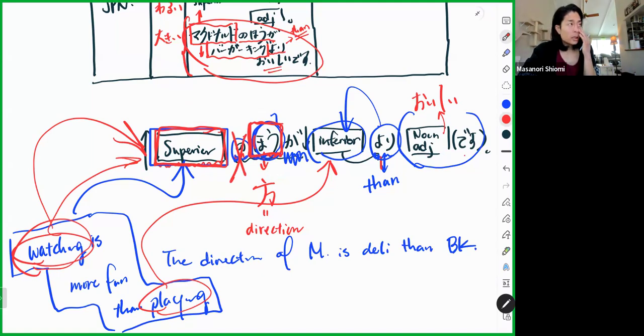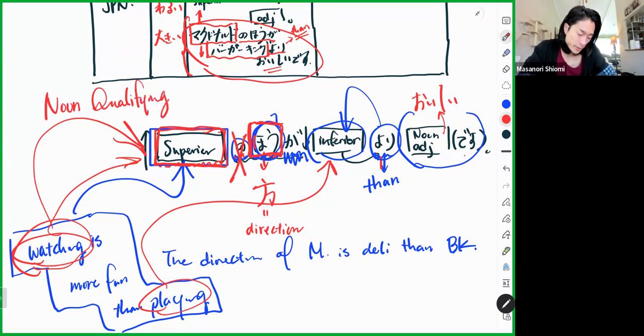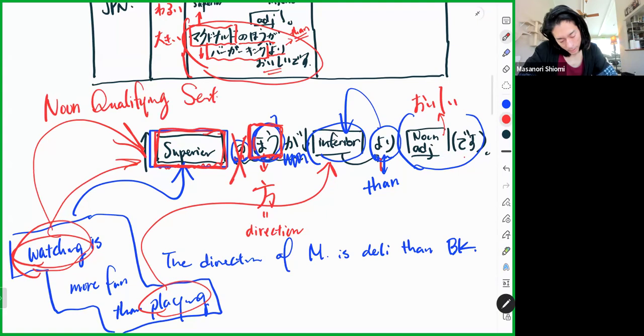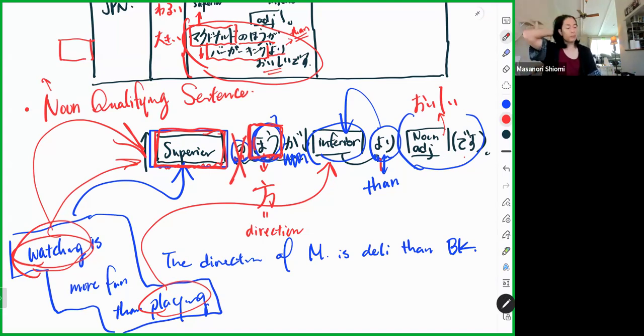We learned in the last chapter noun qualifying sentences, which is a really important grammar point. It doesn't hurt to always review. Noun qualifying sentence, I think, very simply, the important thing is how to connect a noun with a sentence that describes a noun.